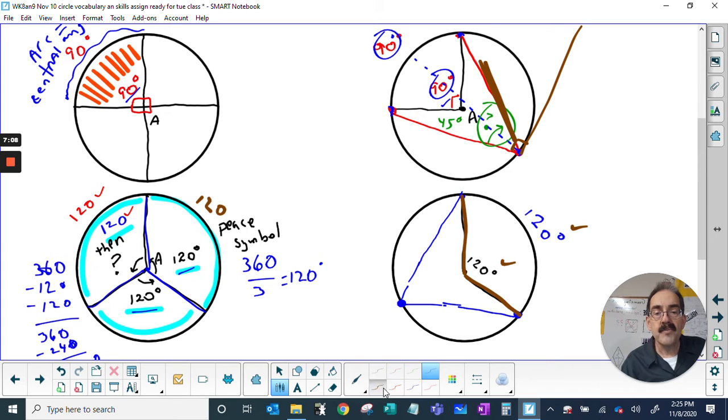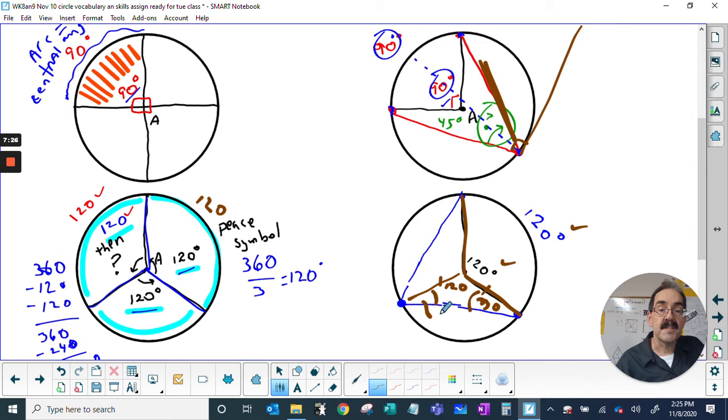What if I drew a radius and a radius? They have to be equal, right? This is 30 degrees because you already told me this was 120 degrees. Well, if that's 30, that has to be equal to this.